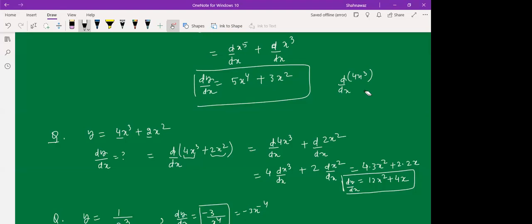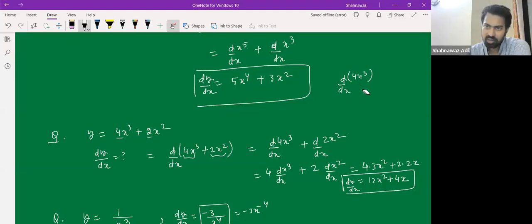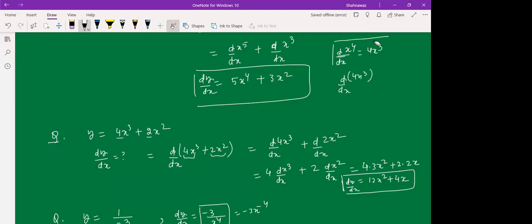So if we wrote x to the power 4, 4 minus 1 is 3, it will be 4x to the power 3. Yeah. So that would be the differentiation of x to the power 4. Differentiation of this would give you 4x cubed, right? Yes, sir.